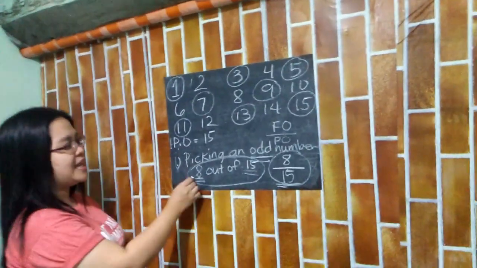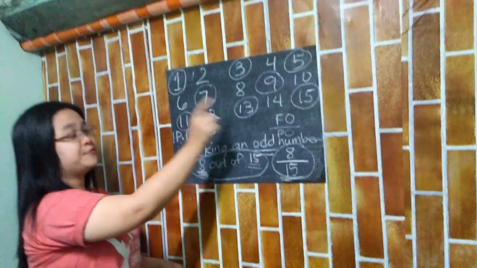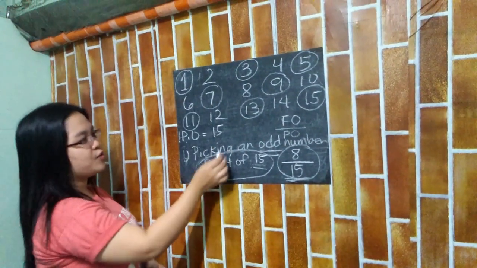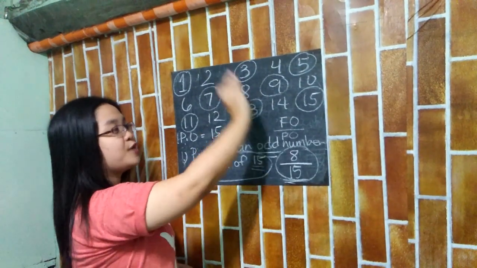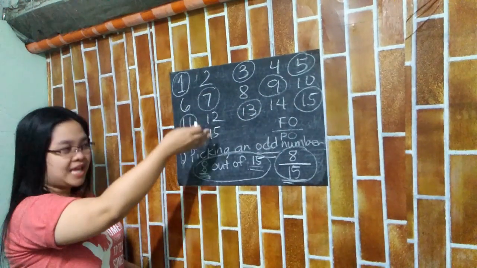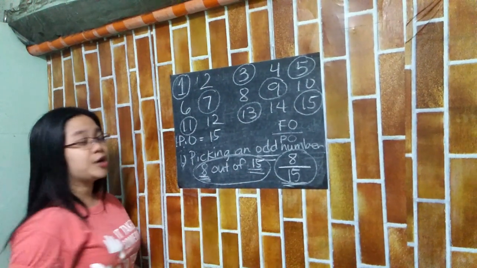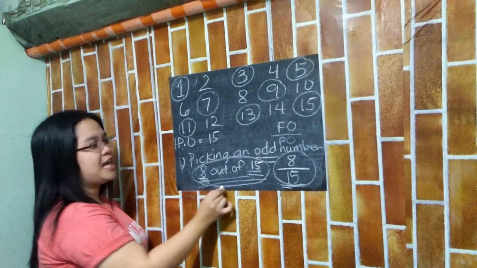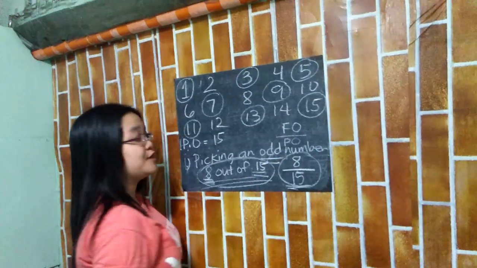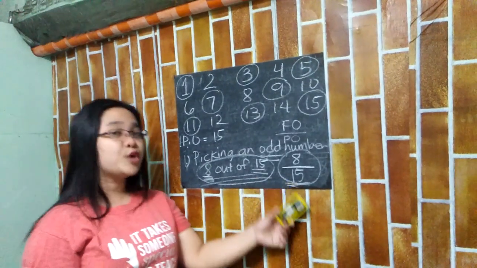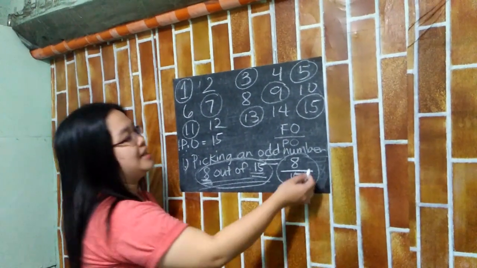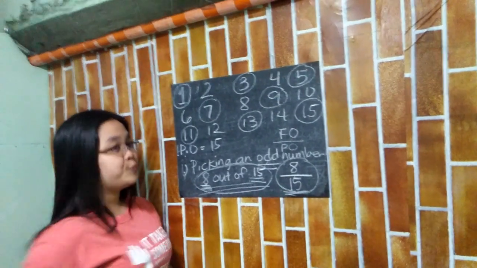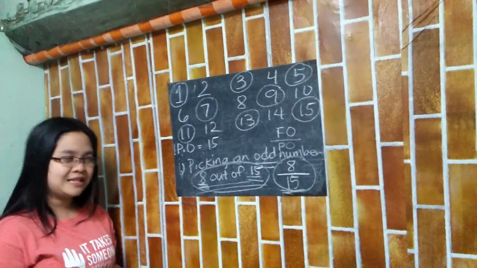Again, where did I get this 8? From the favorable outcome, or the chances of getting these odd numbers from the whole thing. And 15 is our possible outcome. So this is the chances, and we write that in a fraction form to get its probability. Since it doesn't have a common factor, so 8 over 15 is our probability as the final answer.